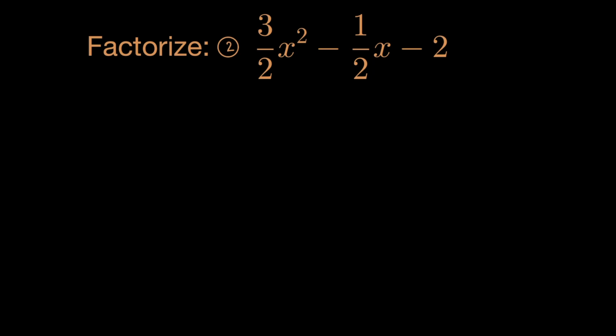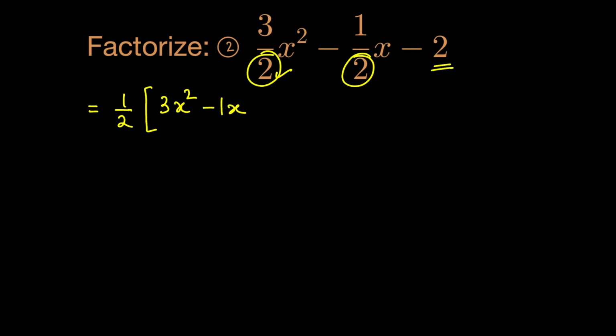Now coming to the next example. In this again we can see there are denominators 2 and 2. To solve this, the first step is we factor out 1/2. Since 2 is in the bottom, we always factor out 1 over 2. Now it is 3x squared, so there was 2, we simply write 3x squared, then minus 1x.